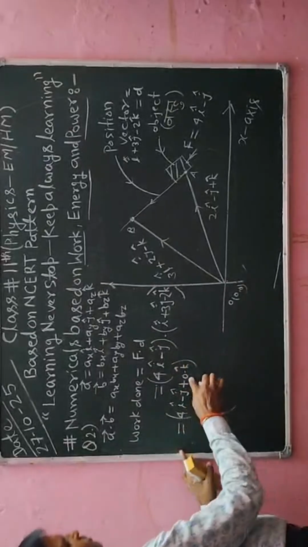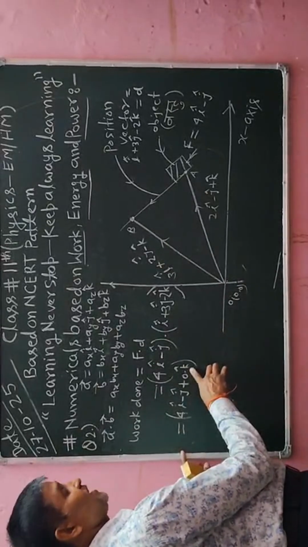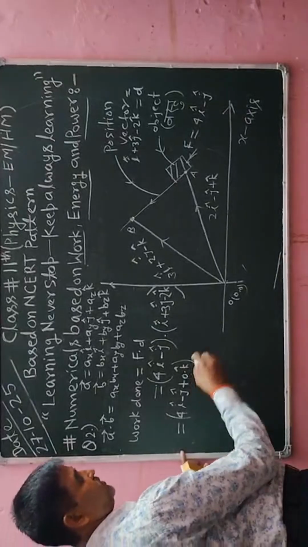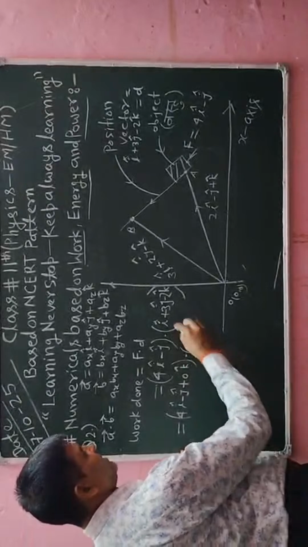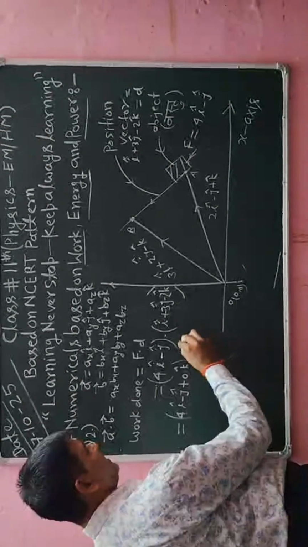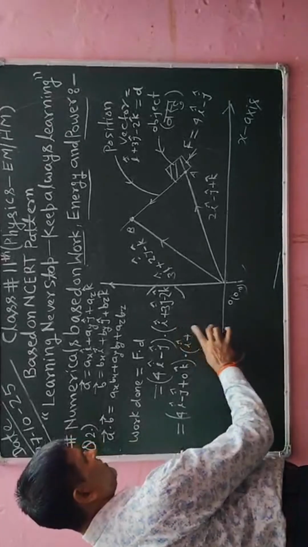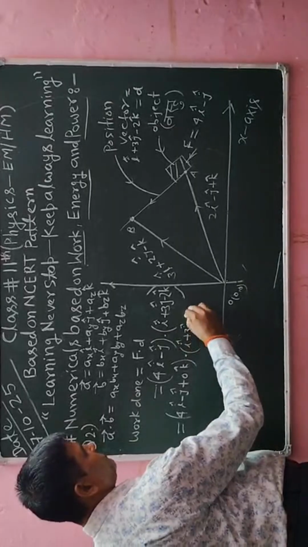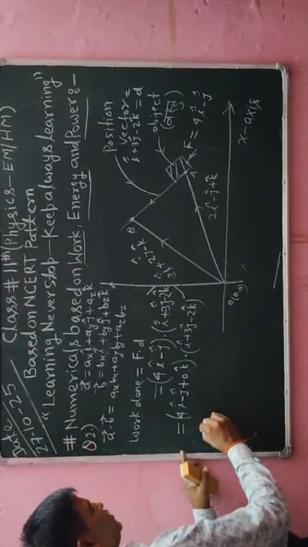After multiplication, 0 into k will be 0, so we can write k cap as 0 into vector k. Into here I will take another vector, i cap, 3 j cap minus 2 k cap. So I have to use the same formula.